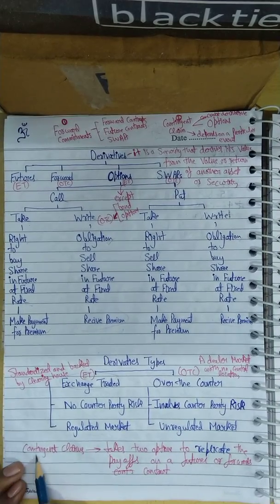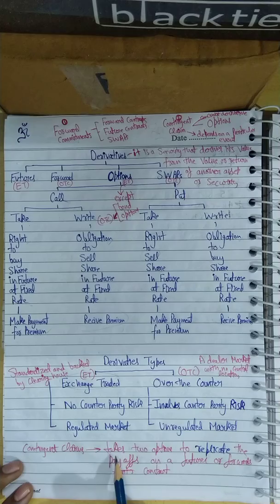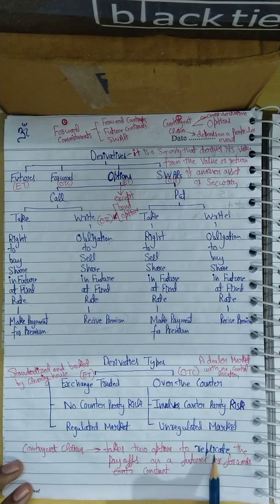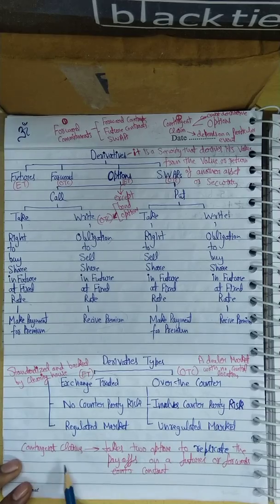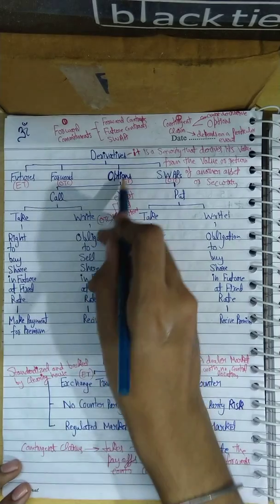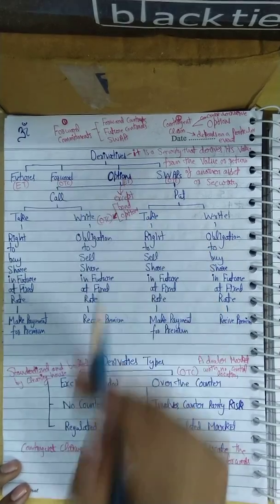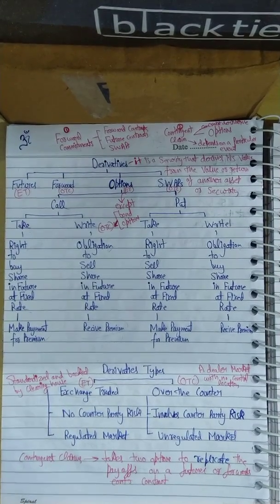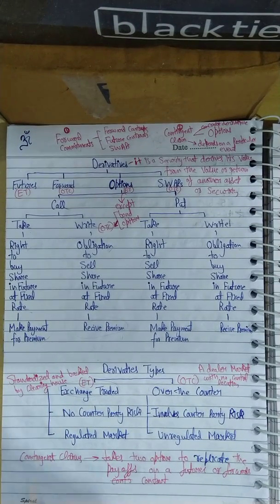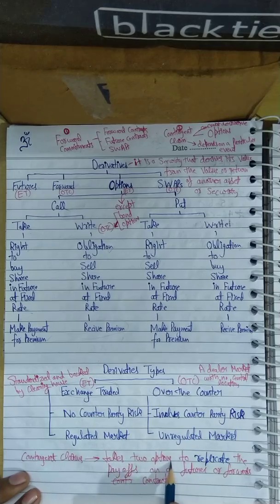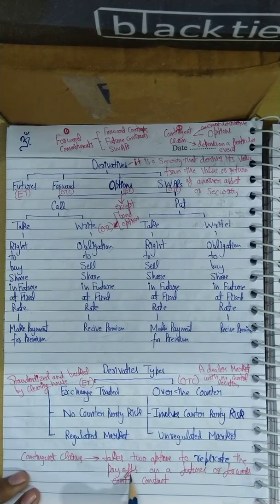Contingent claim takes two options to replicate the payoffs on a futures or forward contract. Contingent claims, what are contingent claims? Options and credit derivatives are contingent claims.